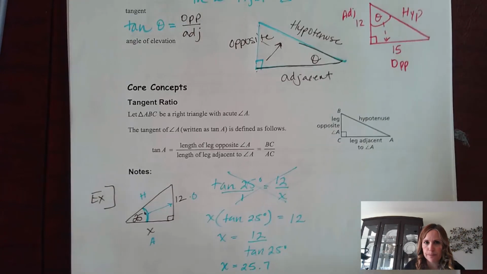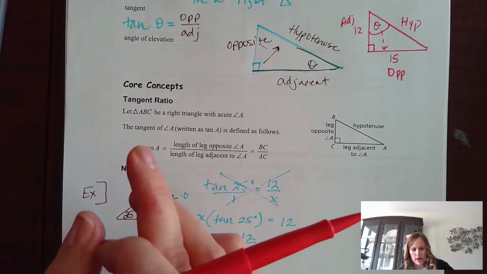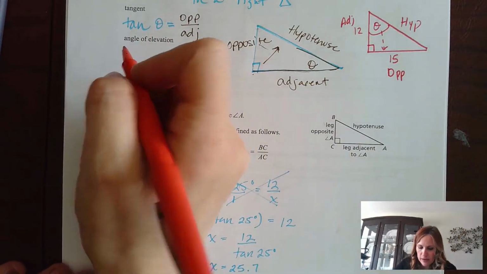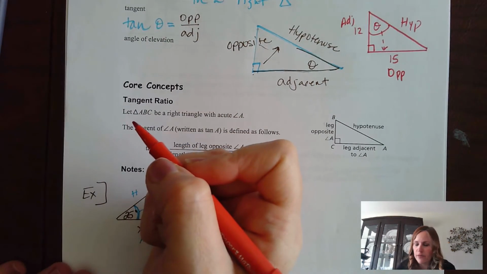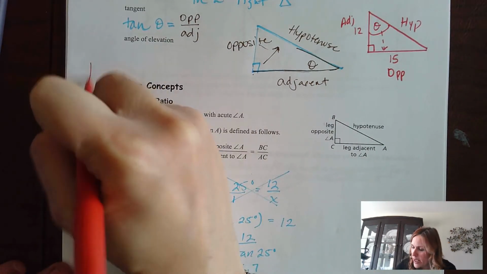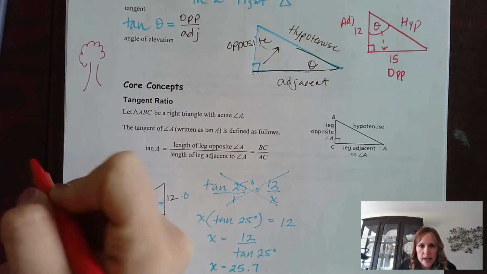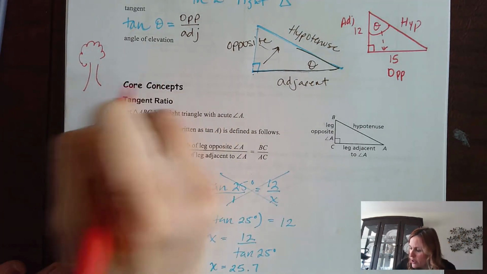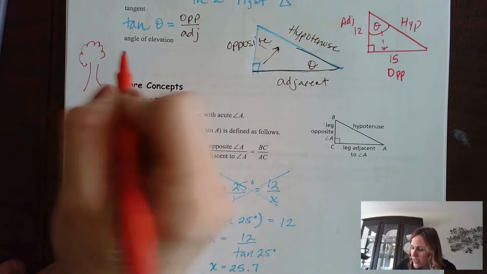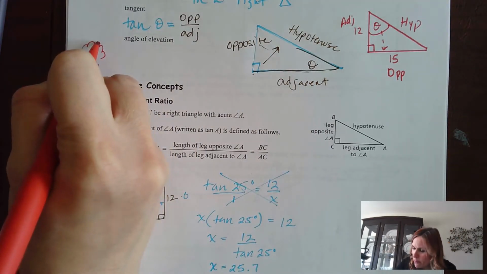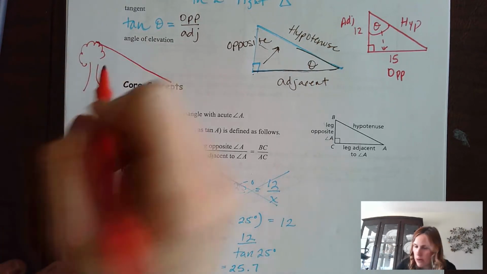All right, the other thing I want to show you is something called angle of elevation. A lot of times we'll do a story problem where we'll say there's a tree and you want to see how tall the tree is, so you attach a string from the top of the tree down to the ground.